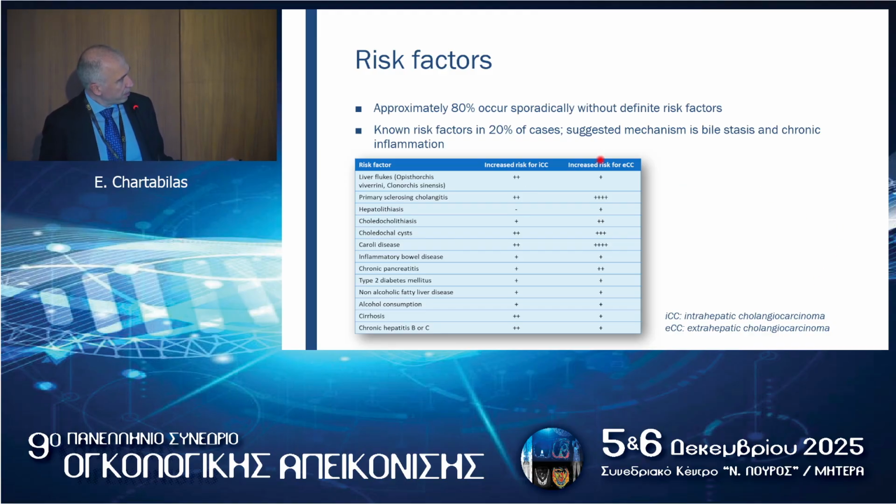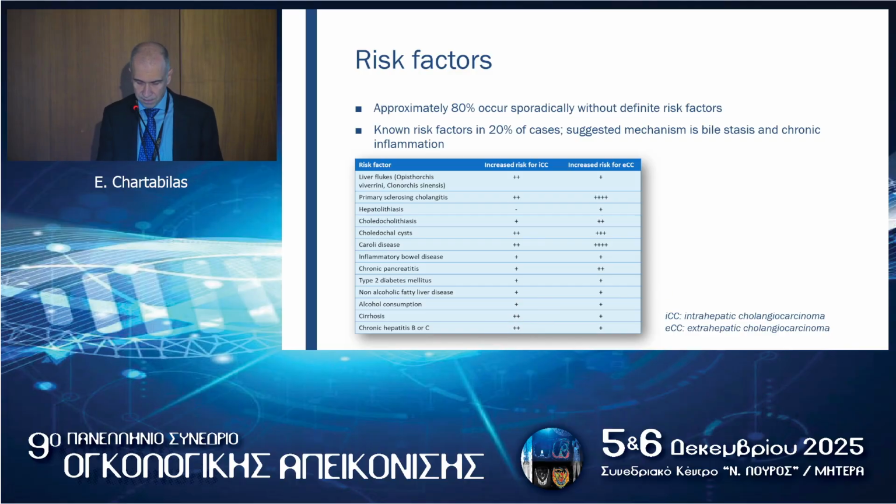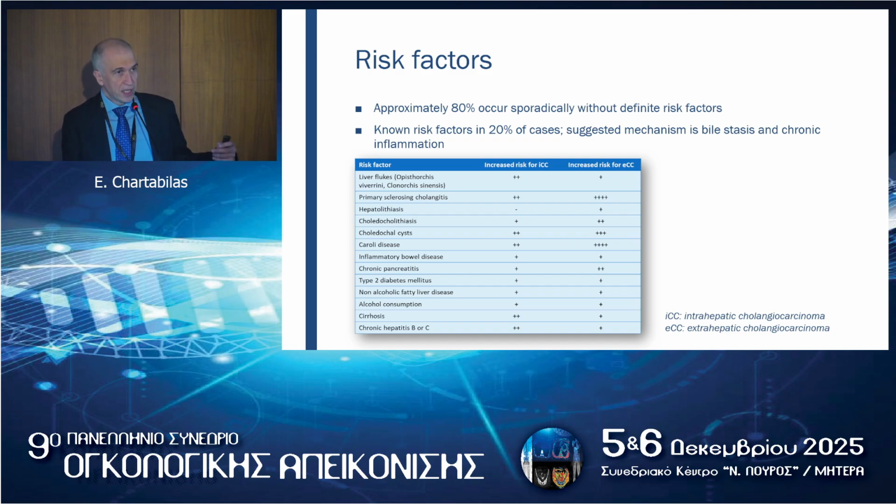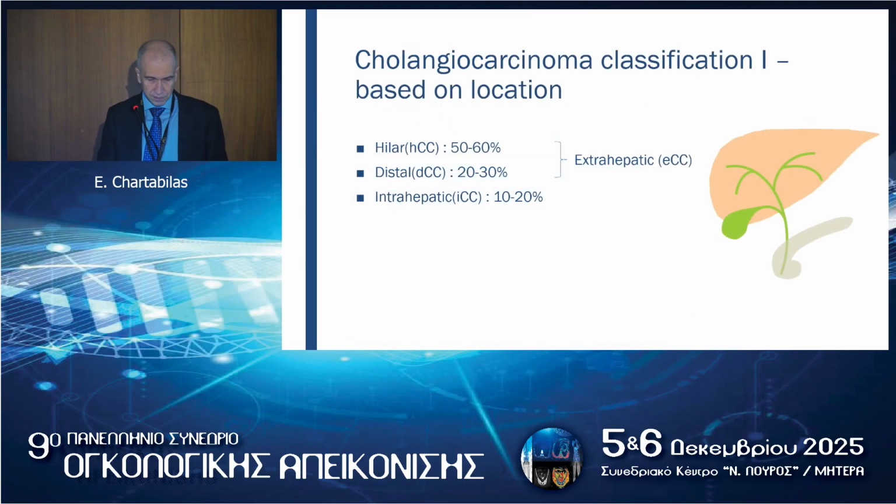For example, for extrahepatic, primarily you have choledochal cyst, Caroli disease, and primary sclerosing cholangitis, which is also, but to a lesser extent, for intrahepatic. For intrahepatic, keep in mind the cirrhosis and chronic hepatitis B, meaning chronic liver diseases. And unfortunately, even after resection of the choledochal cyst or resection of the stones, the danger remains.